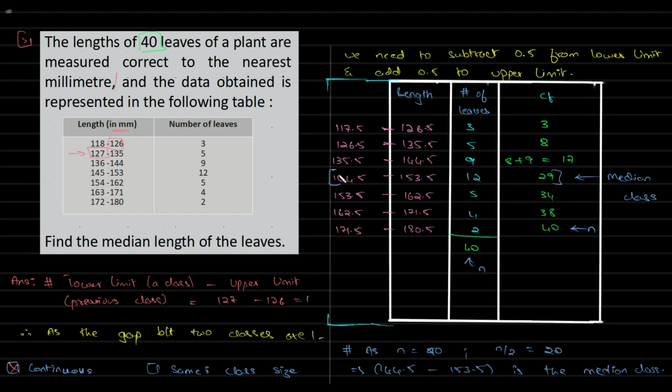So this is our lower limit. This is our frequency. That's our cumulative frequency, and h is, I think it's around 9. Let's not assume. I always do that, and I end up making the entire question wrong. Small things I neglect. We should not. Everything is important.